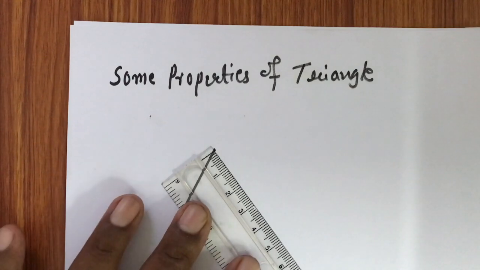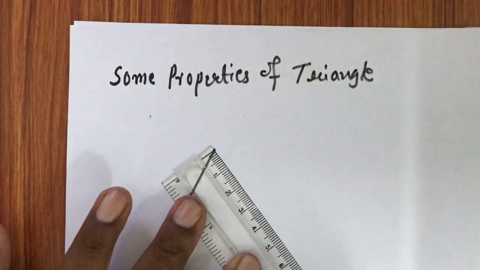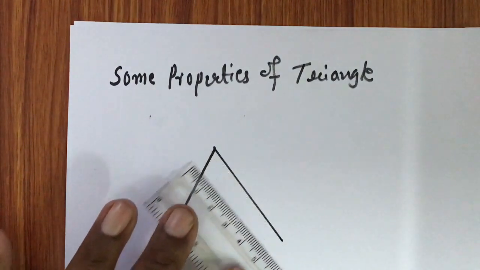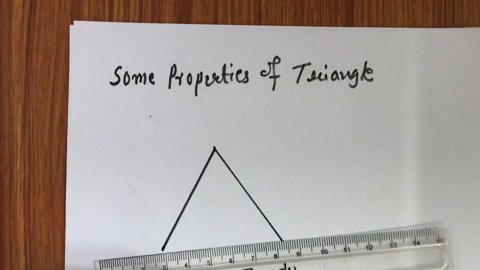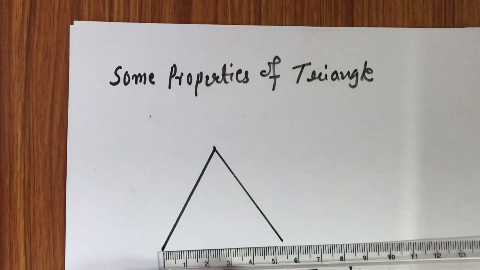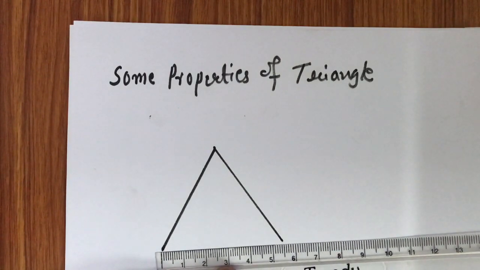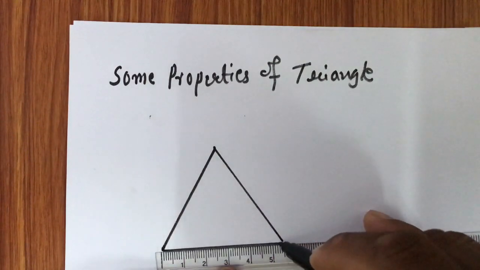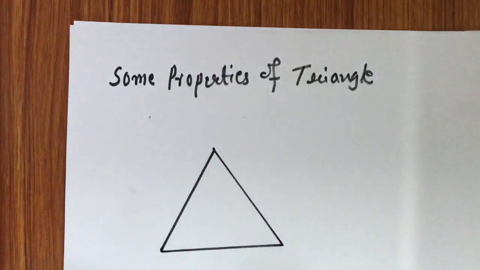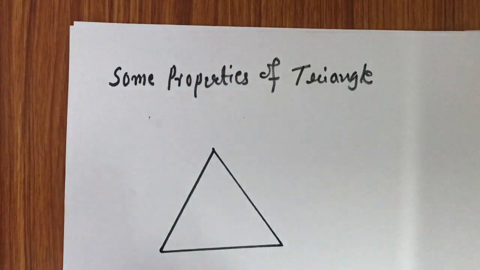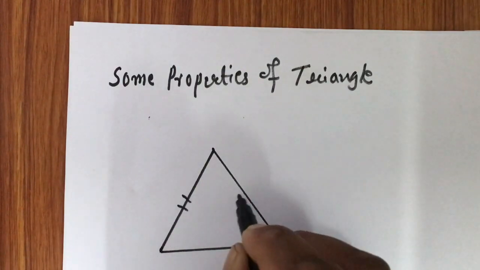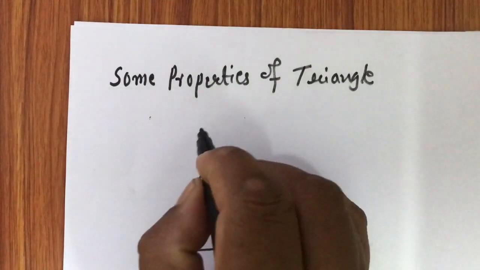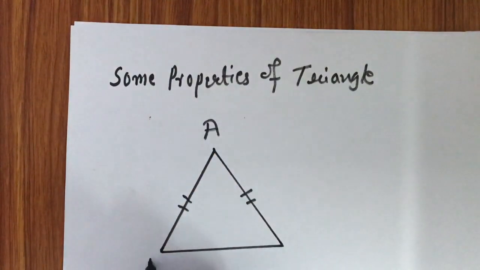Another line segment of the same length I am drawing, 5 centimeter, and complete the triangle by drawing another line. I have drawn these two sides are equal. Understand? Let us name this triangle as ABC.